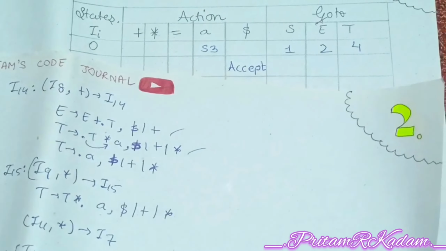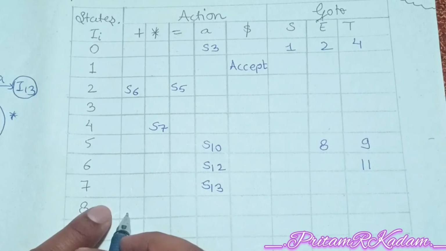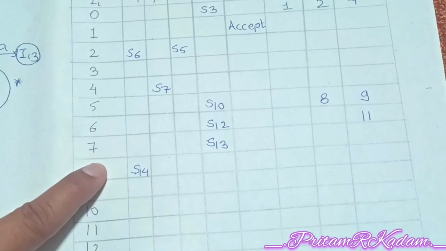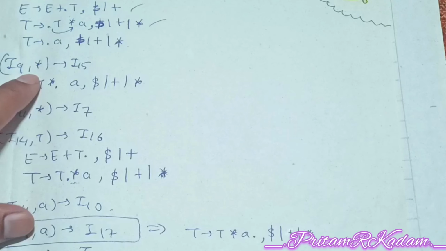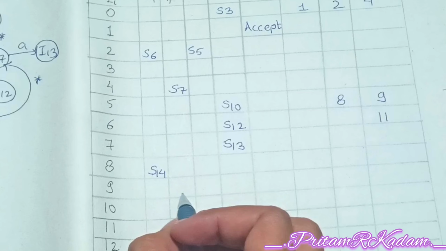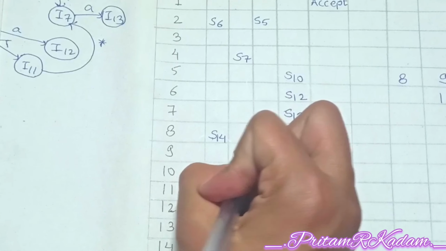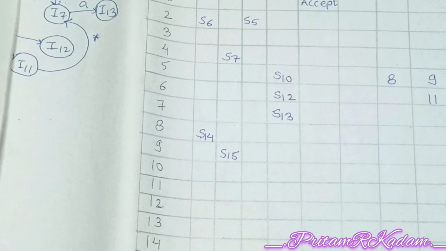Okay, now for the next part, so I8 on plus goes to I14. So I8 on plus goes to S14 because this is under the action. Okay, now for the next part, we have I9 on star goes to I5. So I9 on star goes to S15. So let us write it down, S15. Now for the next part, let us see.